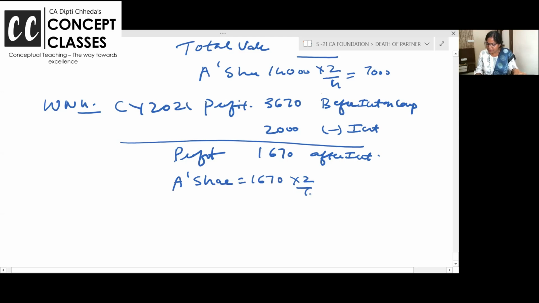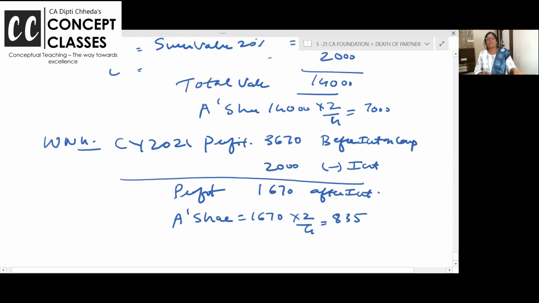1670 into 2 by 4. 1670 divided by 2. Profit before interest. Interest, profit after interest, and A's share.